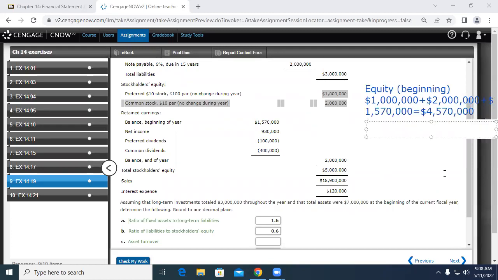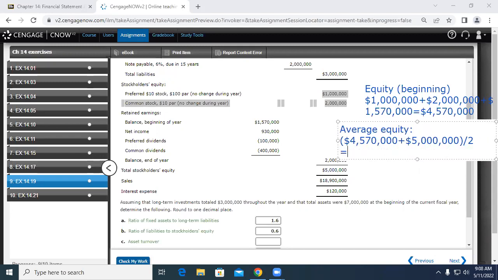So in order to do this calculation, we need our average equity. So it's going to be that beginning balance plus the ending balance, which is 5 million. And then we're going to divide that by 2. And so our average equity would be $4,785,000.